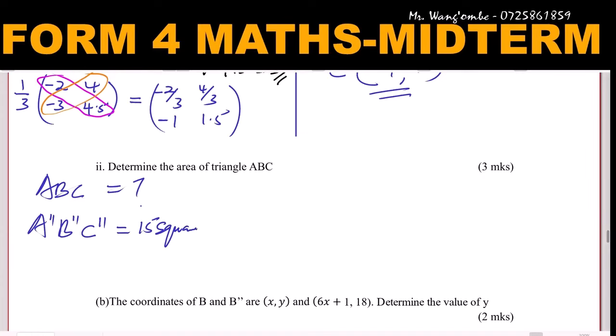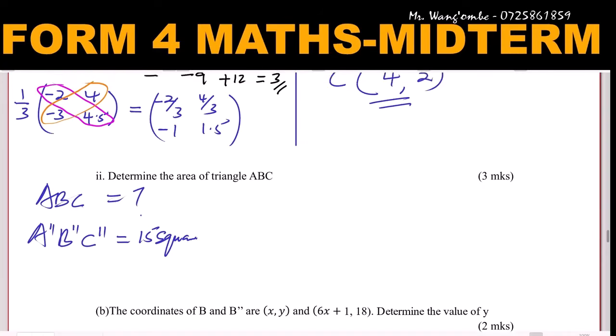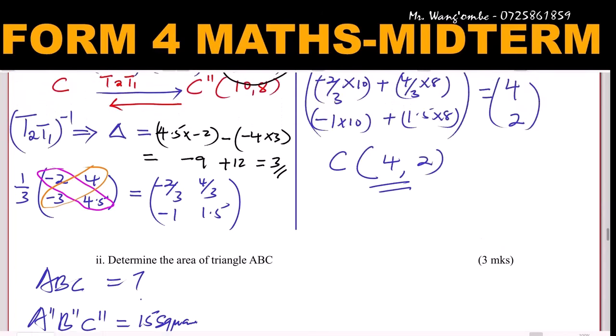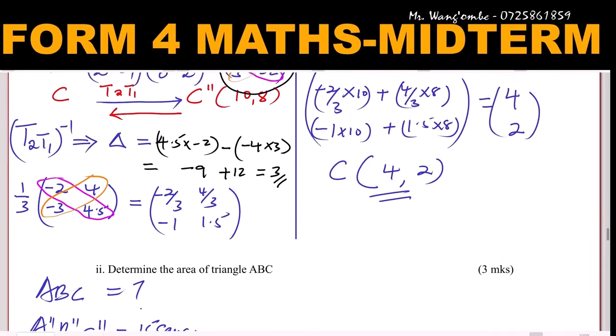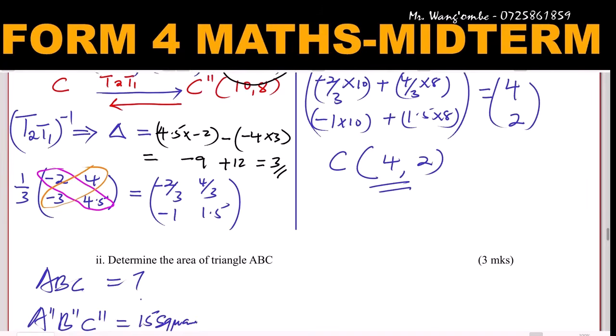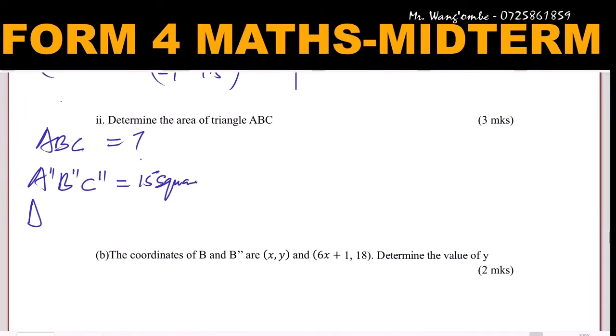There is a matrix that has transformed ABC to A double prime, B double prime, C double prime, and for that matrix we calculated the determinant. That is T2, T1. We got the determinant as 3. Now what you're going to use in this question is the relationship between area scale factor and the determinant of the matrix of transformation.